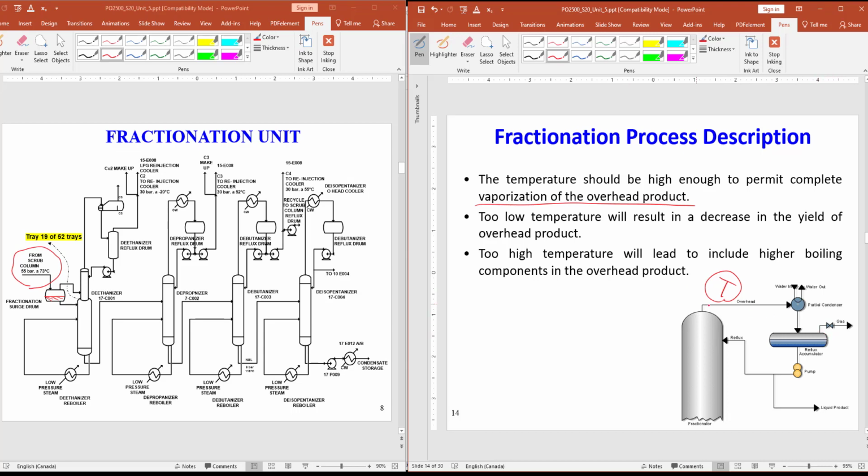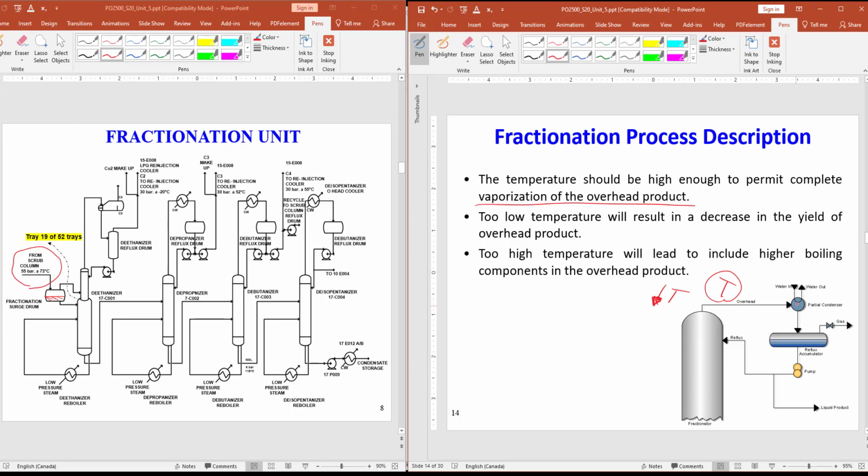Okay. If we have too low a temperature here, let's say we have a total condenser that condenses all the vapor to liquid, and even not a saturated liquid but a subcooled liquid, we decrease the temperature too much, more than what we need. In this case, you might have some of your light products go from the gas phase to the liquid phase.